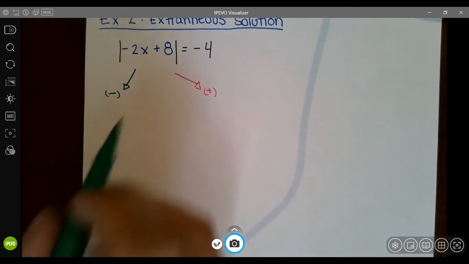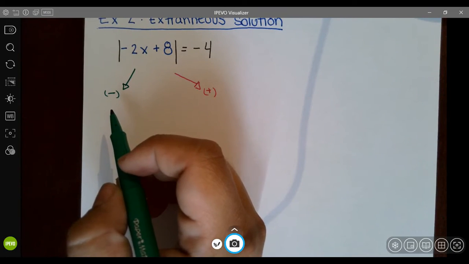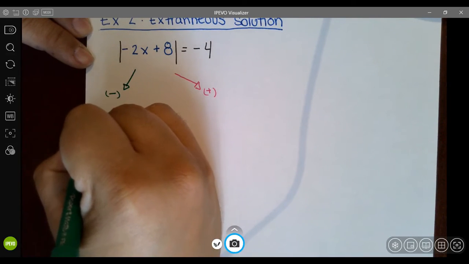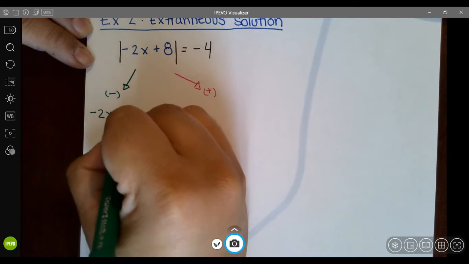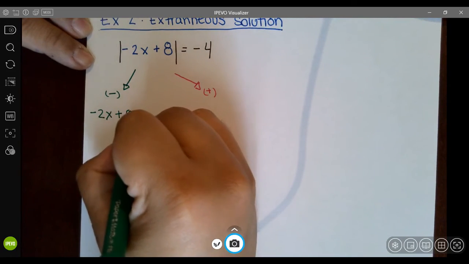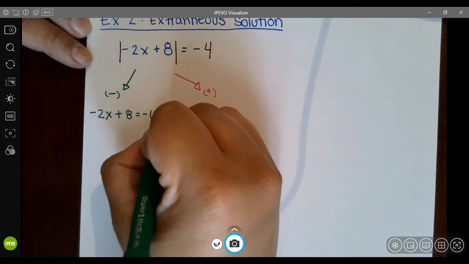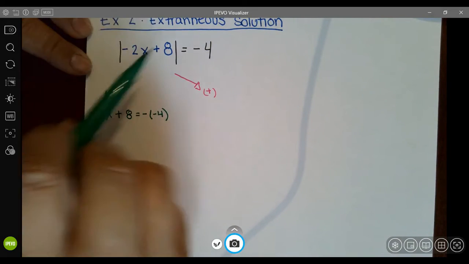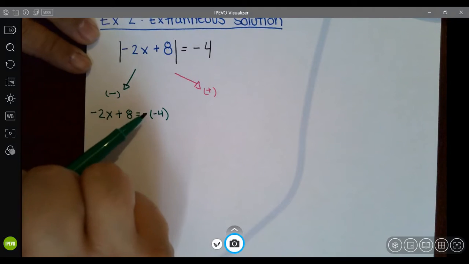Okay, since this is a negative, the negative part, make sure that you look at your signs. Okay, so I'm going to write it out completely just so that we don't miss anything. So I have 2x plus 8 equals negative, negative 4. Okay, so I have to make this one negative. And since my negative 4 is already negative, this is going to end up becoming positive.